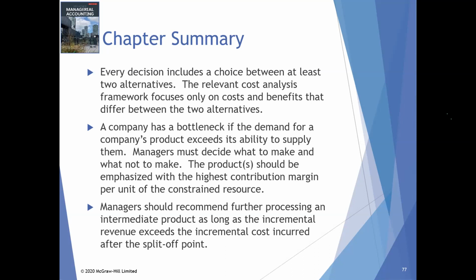A company has a bottleneck if the demand for the company's products exceeds its ability to supply them. Managers must decide what to make and what not to make. The product that should be emphasized is the one with the highest contribution margin per unit of the constrained resource. Managers should recommend further processing of an intermediate product as long as incremental revenue is more than the incremental cost incurred after the split-off point.